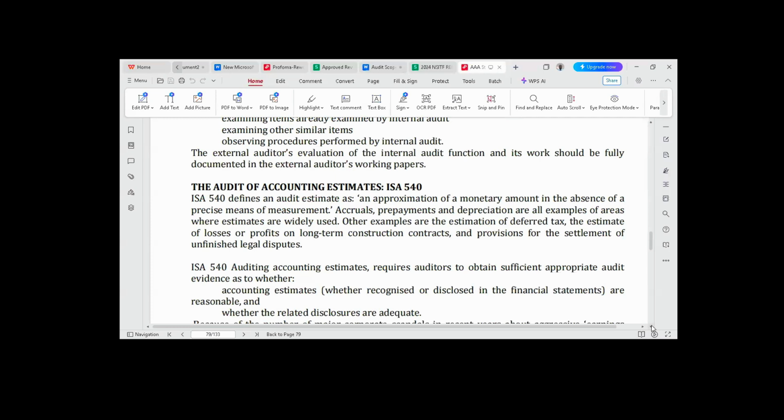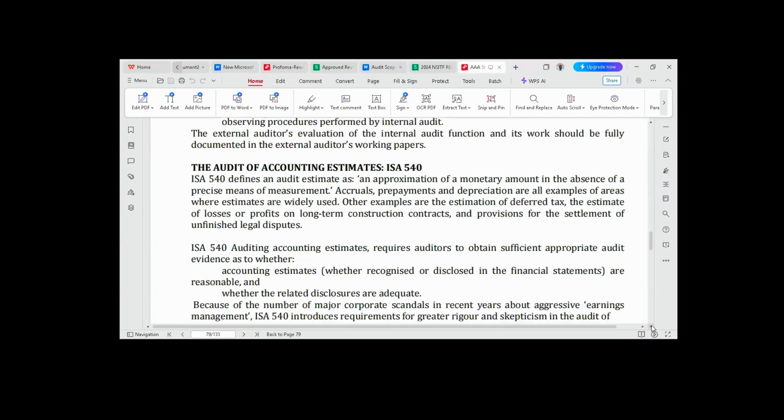Okay? Then the auditor will also want to check whether the clients have made adequate disclosures to back up or to support the estimate. For instance, you look at the budget in every organization, they always have budget assumptions.